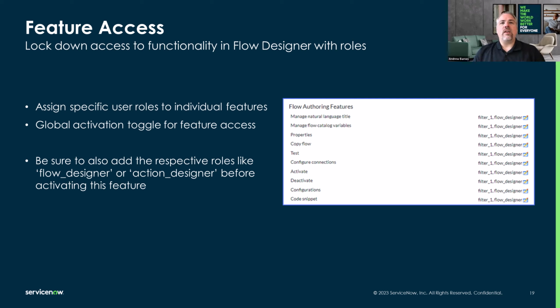So the ability to narrow down what's available in Flow Designer this way is a very handy feature to help make sure that the right users have the right access and don't get overwhelmed with options that they shouldn't even need. So you can hide them from them, which is pretty great.